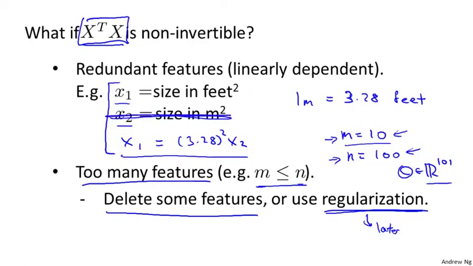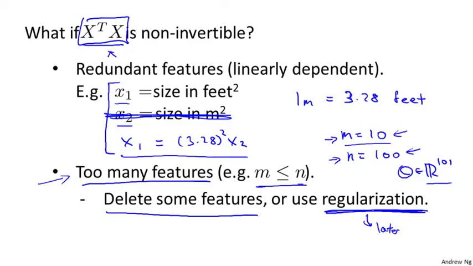If you just delete one of these features, that would solve your non-invertibility problem. And so I would first think through my features and check if any are redundant, and if so, keep deleting redundant features until they're no longer redundant. And if your features are not redundant, I would check if I might have too many features, and if that's the case, I would either delete some features if I can bear to use fewer features, or else I would consider using regularization, which is this topic that we'll talk about later.